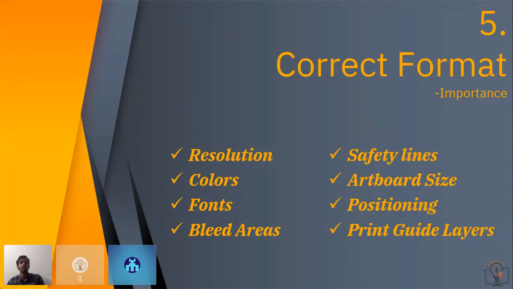DPI actually means each and every inch that supports the quality of the print ready file. In the printing industry, there are multiple DPI standard values: 72, 96, 300, 150, 600. So if your print ready file has a DPI of 72 or 96, then it will be in a very blurry format.